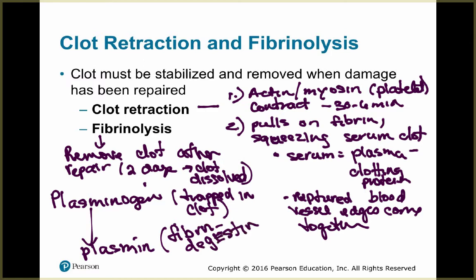So it's going to break up fibrin once fibrin is done doing its job. And so these are the two processes that are happening as we are actually making our clot.